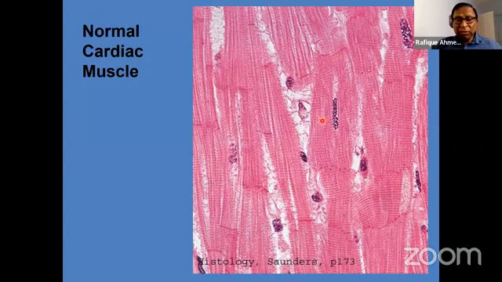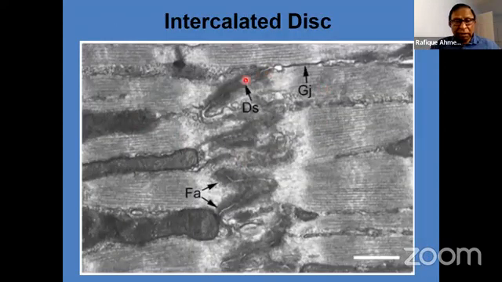When I studied anatomy, I did not think much about it, but as time passes by, we are finding out more and more about these structures and the pathophysiology and the role they play in different disease processes. So this is the intercalated disc. You see electron microscopic view.